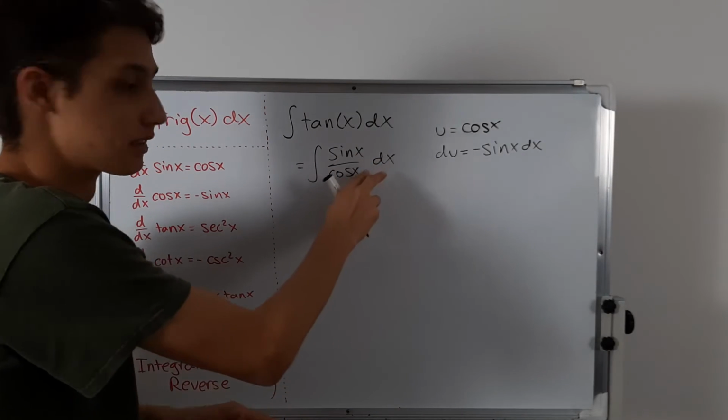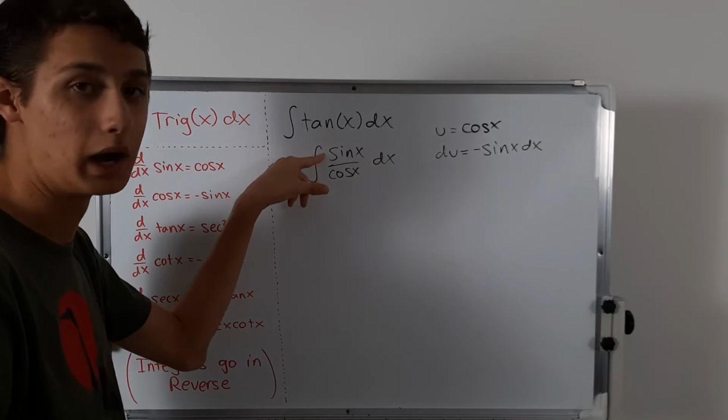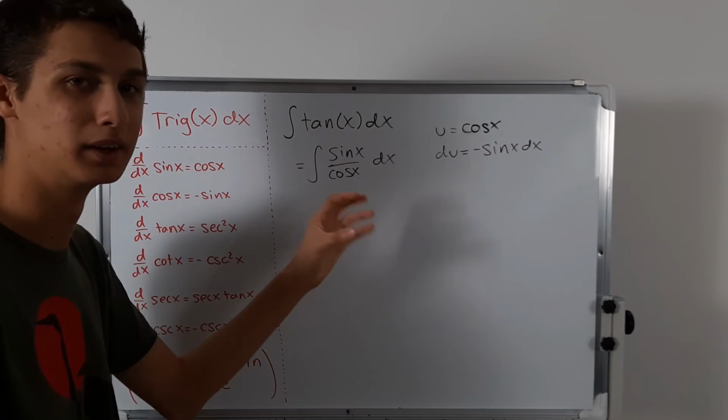Sine of x dx, that's what we want, right? If we made u the top, the sine of x, there's no way we could write the cosine there. It just wouldn't work.